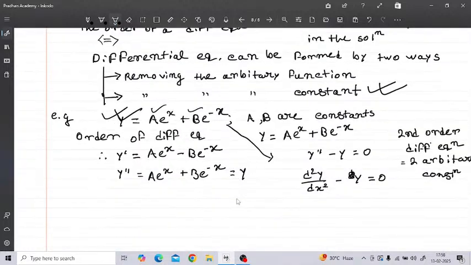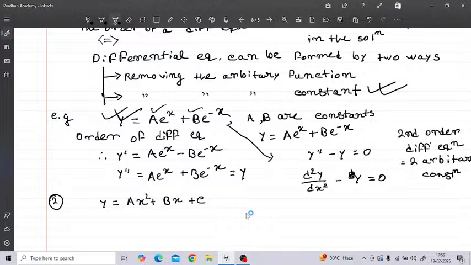Next question. Let's consider y equals a x square plus b x plus c.